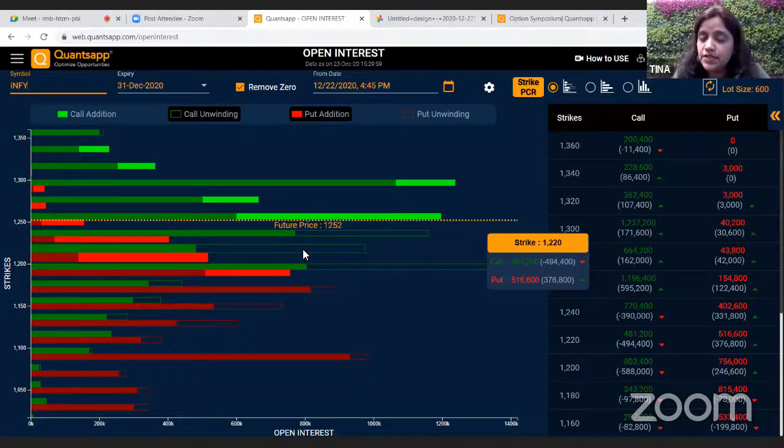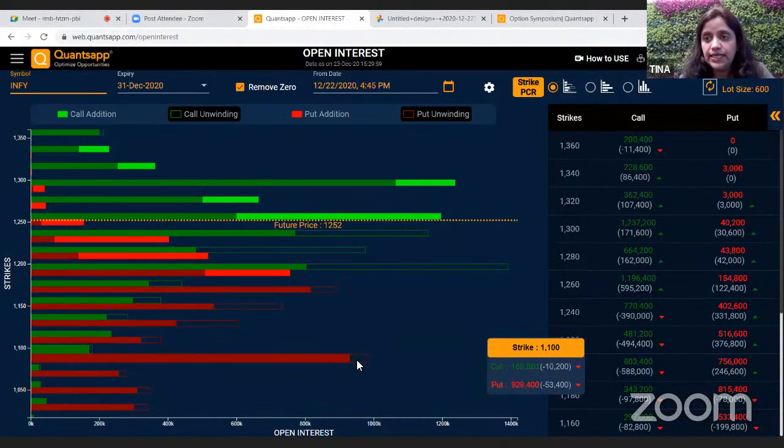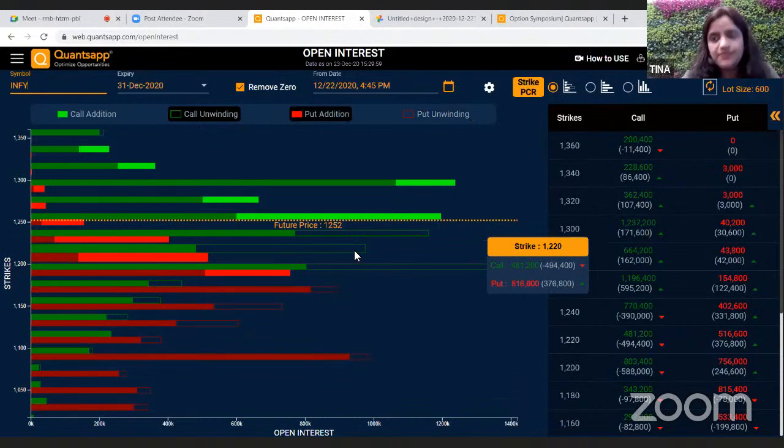The same took place in the 1220 call and 1240 call. This is basically short call covering, because you can see the tendency is not in just one strike, you are seeing it across the strikes. So the 1200 call, 1220 call, 1240 call, all writers started feeling the heat. So this is the end of the day.